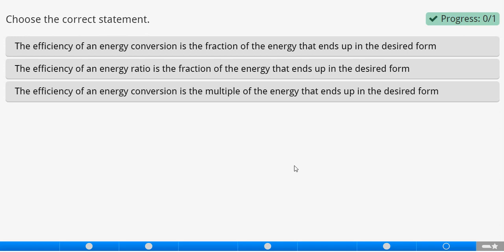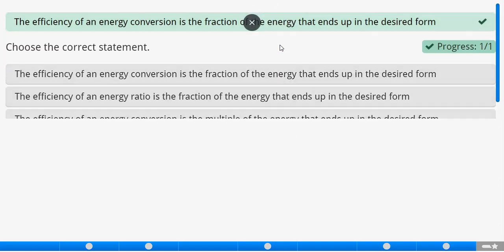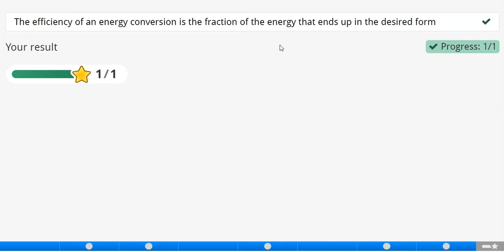Number two, the efficiency of an energy ratio is the fraction of the energy that ends up in the desired form. The statement is false because of the word ratio. Number three, the efficiency of an energy conversion is the multiple of the energy that ends up in the desired form. That statement is false. So the correct statement here is that the efficiency of an energy conversion is the fraction of the energy that ends up in the desired form. That is it. Correct.